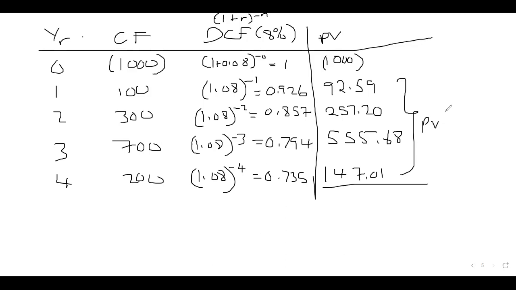So what we're going to get, this total here is what? 1052.48. So since this is negative, we're going to subtract 1000. So this is called the net present value. So net present value is what? 52.48. So this is what we call our net present value.